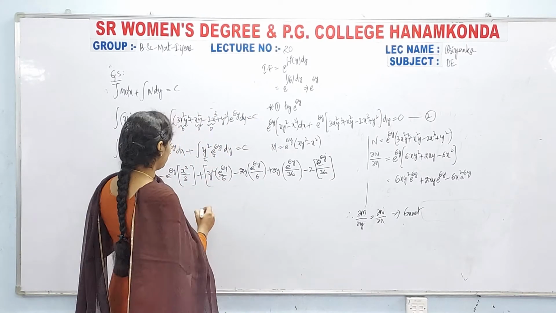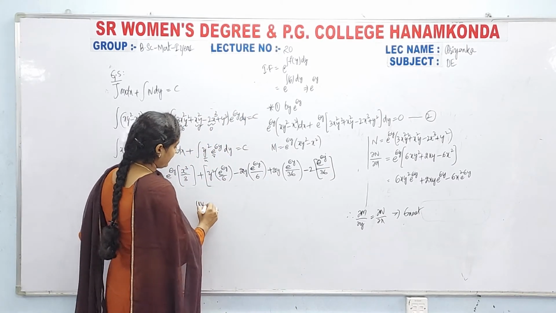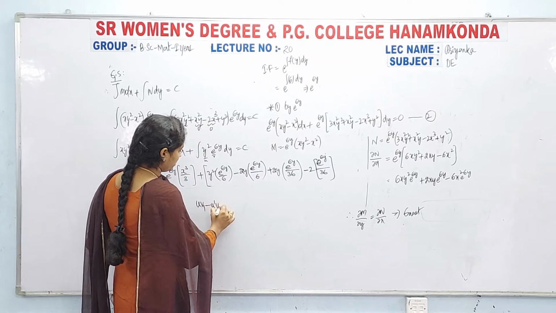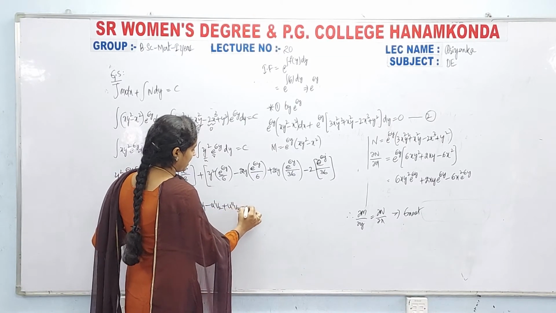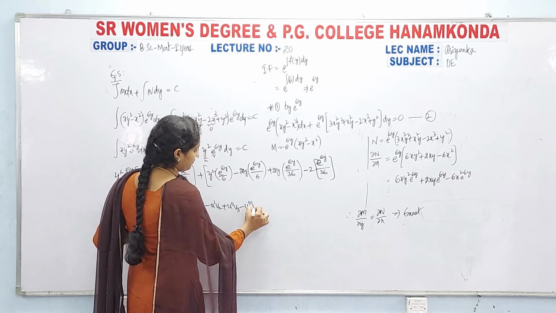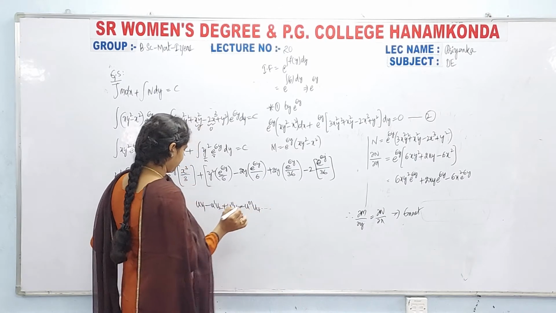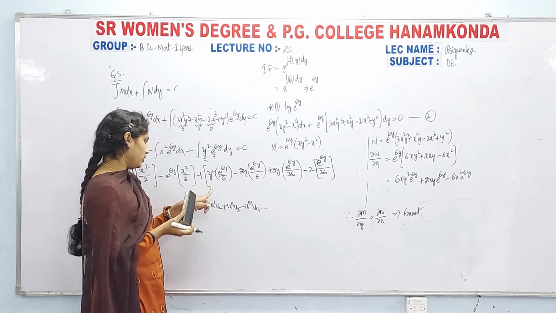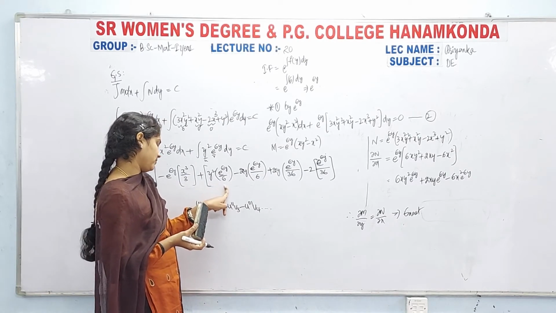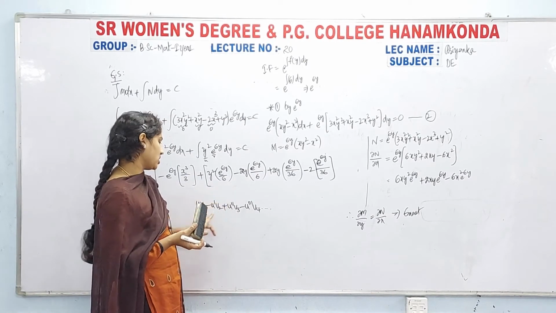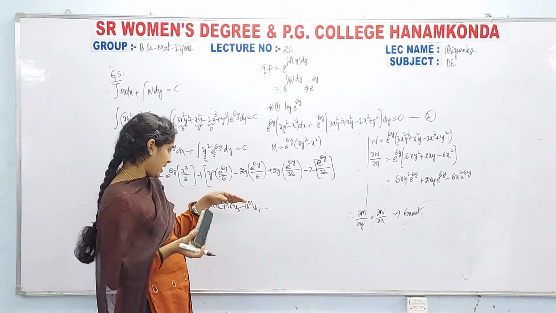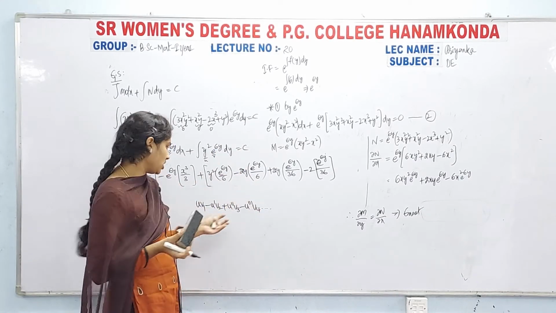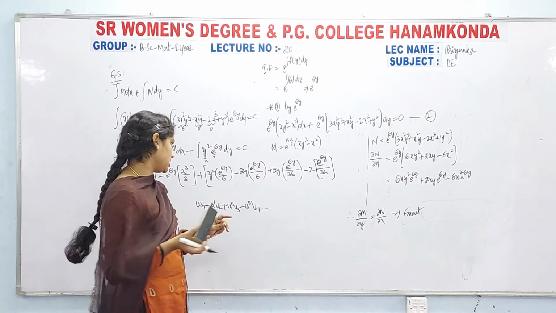So u v1 minus u dash v2 plus u double dash v3 minus u triple dash v4 and so on. Now dash means differentiation, and in suffix it is integration.